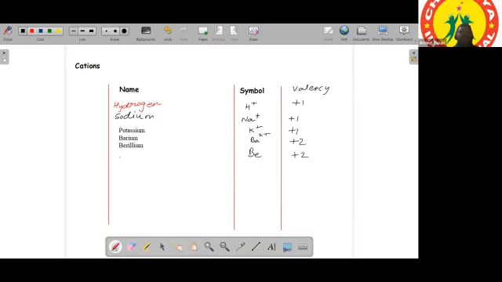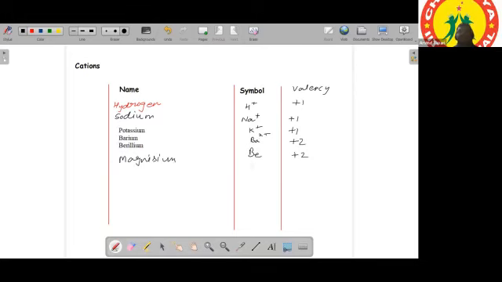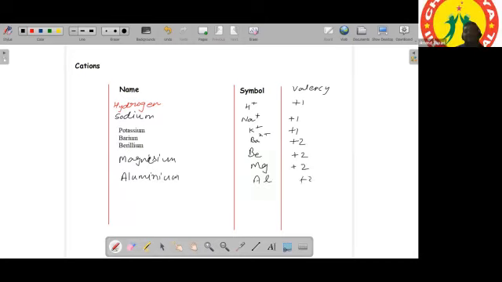What about magnesium? Symbol Mg, valency +2. And aluminium: Al and valency is +3.